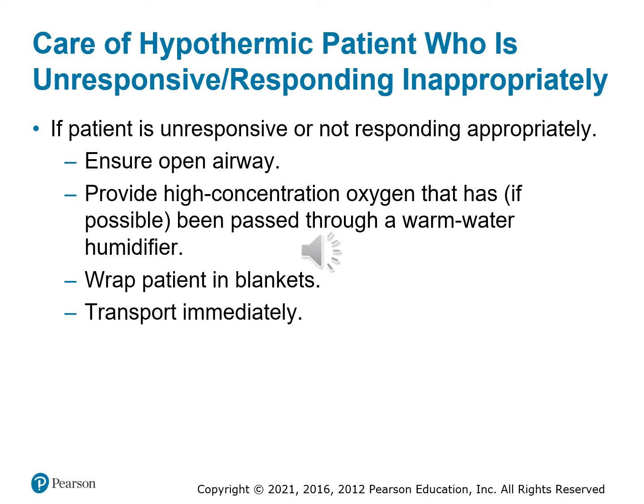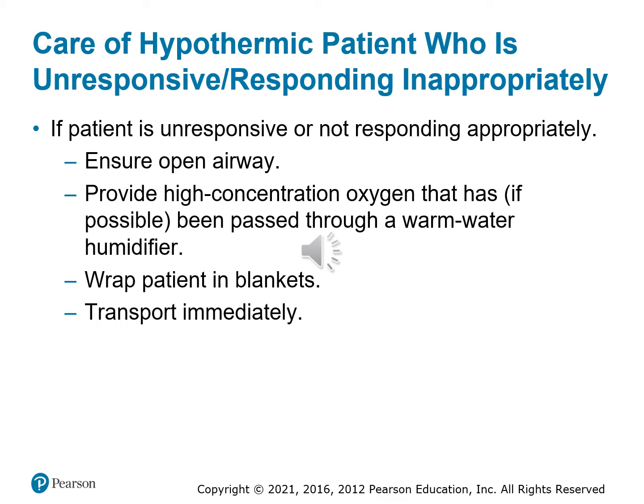If it's not available, either use your local protocols or get medical direction involved so that they can give you some assistance in whether they want you to administer O2 or just use the ambient air. Oxygen demands are considerably lower in severely hypothermic patients, so ambient air may actually be the best bet.